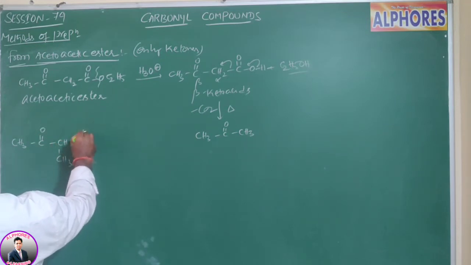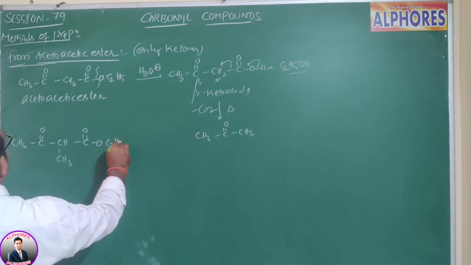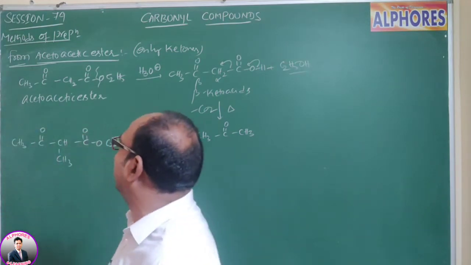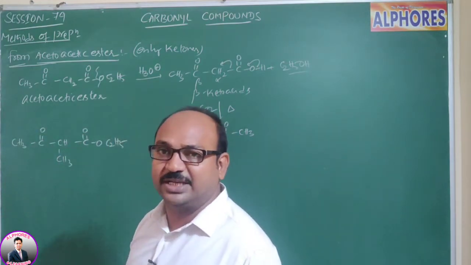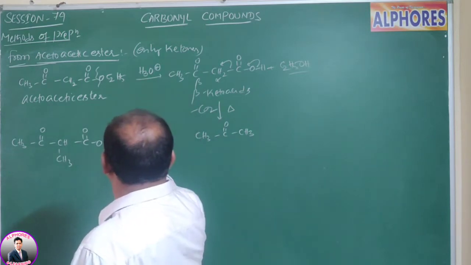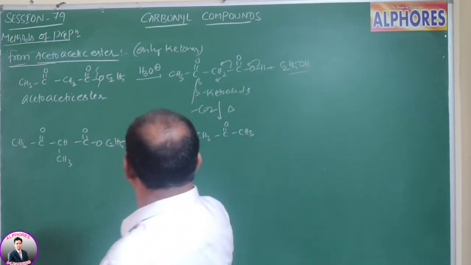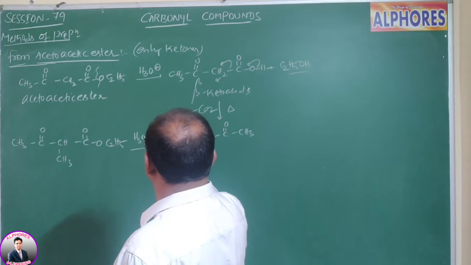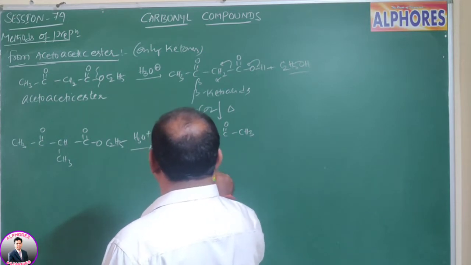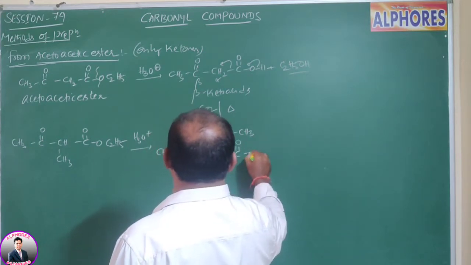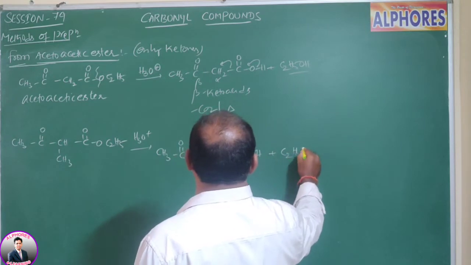Now if we consider methyl substituted acetoacetic ester, CH3 and C double bond O, C2H5, then this one undergoes hydrolysis. During hydrolysis, we are getting CH3, C double bond O, CH3, C double bond O, OH plus C2H5OH.